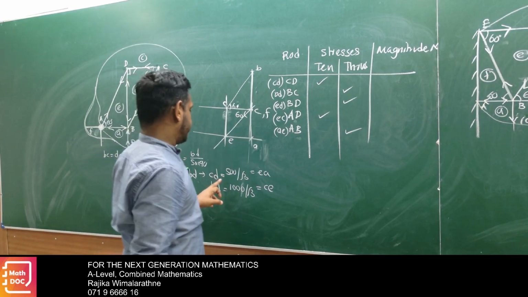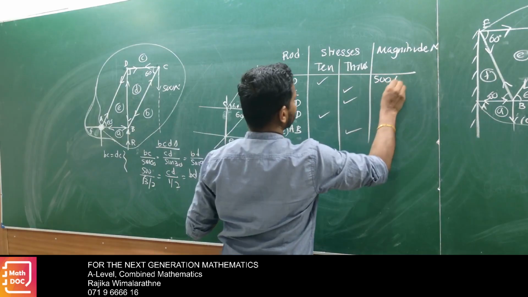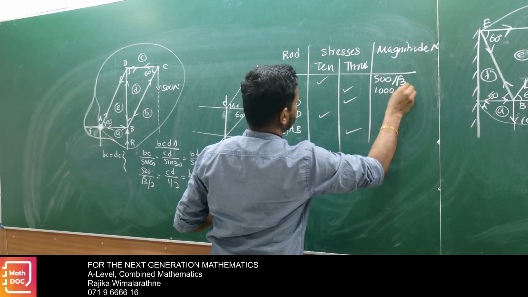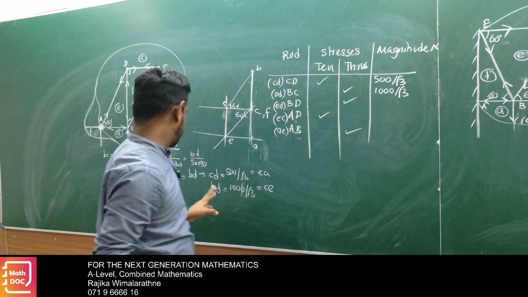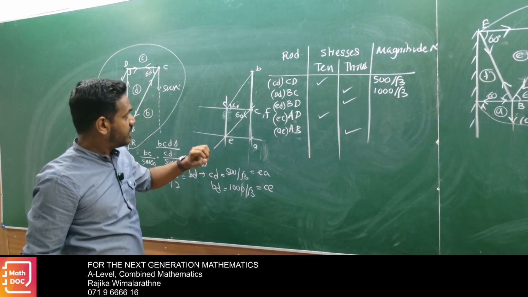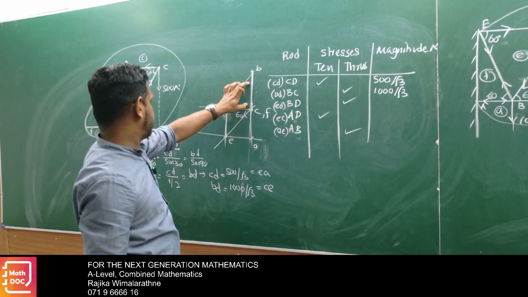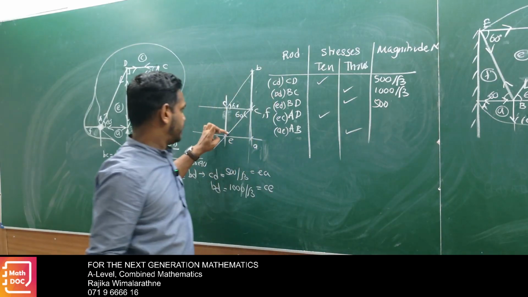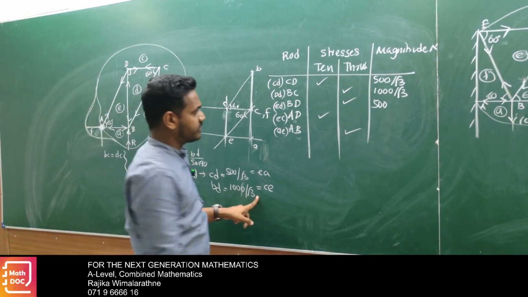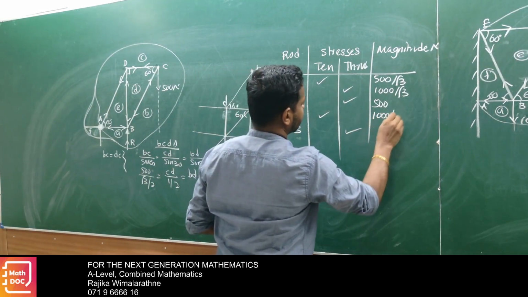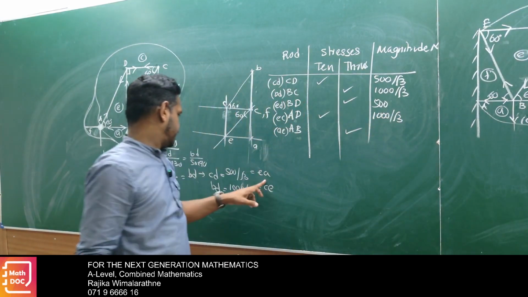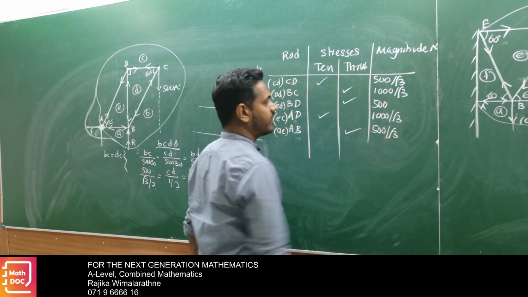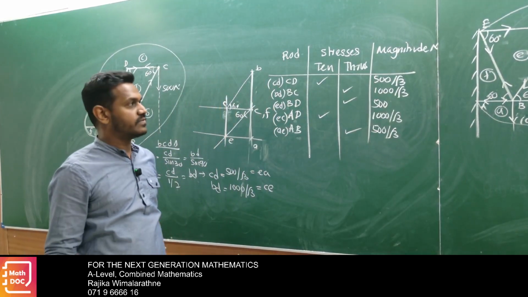Then CD is 500 over root 3, BD is 1000 over root 3, ED is 500, EC is equal to BD, 1000 over root 3, AE is 500 over root 3. Those are the values.